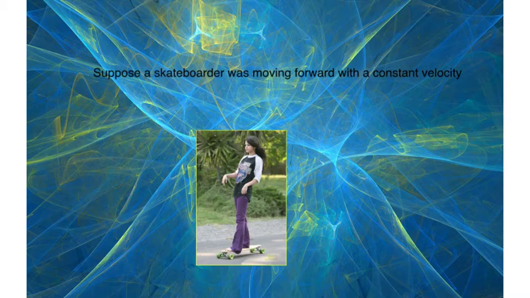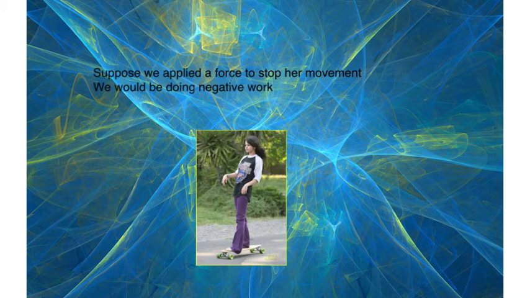Let's look at a little different situation. Suppose we have a skateboarder, and this skateboarder is moving forward with a constant velocity. We know because of inertia that that skateboarder will continue to move forward with that constant velocity, no force operating on her. Suppose, however, we apply a force and we stop her from her movement. So she's moving forward, but we apply a force in this direction to stop her.